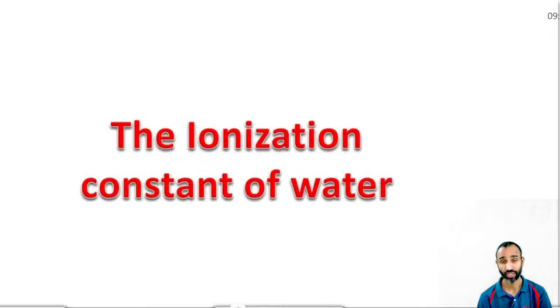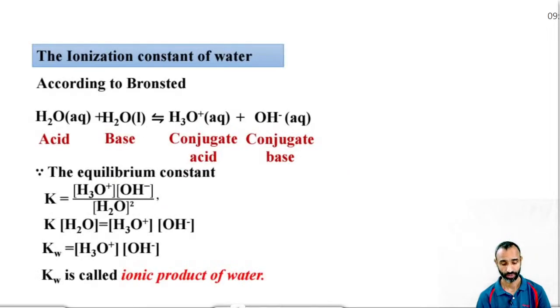Now, ionization constant of water. Autoprotolysis of water: according to Bronsted concept, if water donates H plus, it behaves as acid, and if it accepts H plus, it acts as a base.